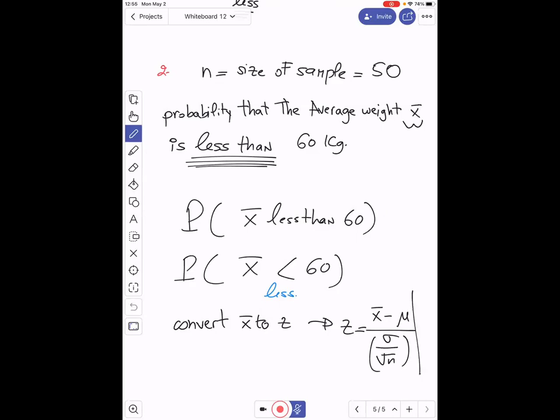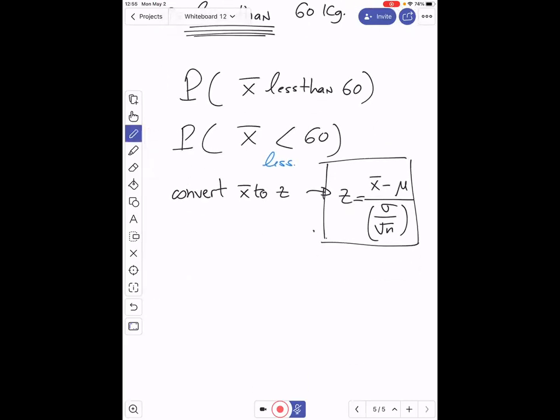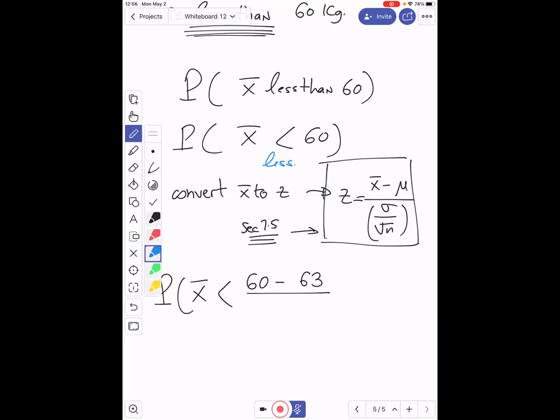When you see X bar, you want to convert your X bar to Z because you have this normal distribution. This is the formula you need to use. We discussed this in section 7.5. So this is the probability that X bar is less than 60. It's like 60 minus mu. The population mean mu is 63, over sigma.